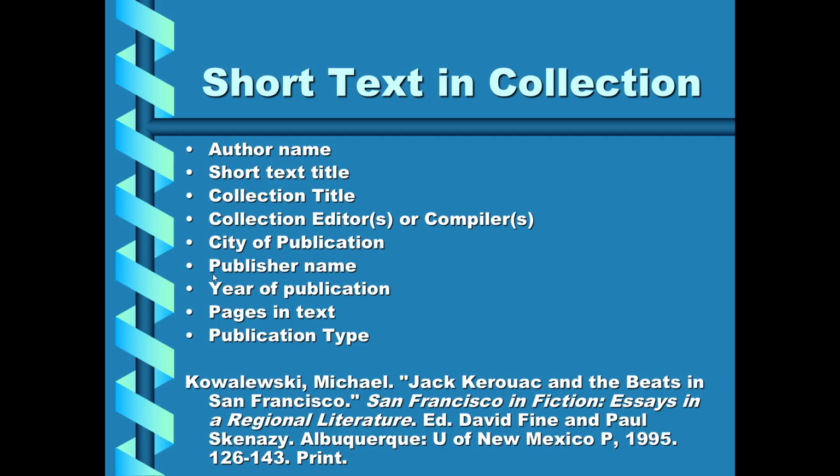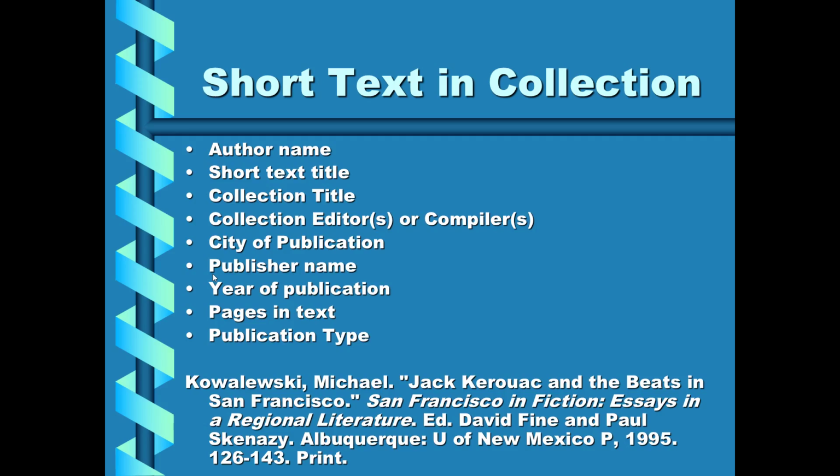If there's an editor, which in most cases, for any kind of anthology or collection, there's going to be an editor or editors, you would put that after the title of the whole book. Notice that the editors' names are displayed in normal fashion, but we designate them also by the abbreviation Ed. and a period.